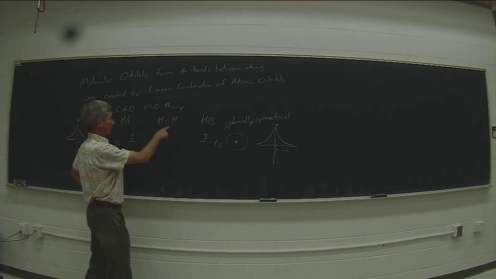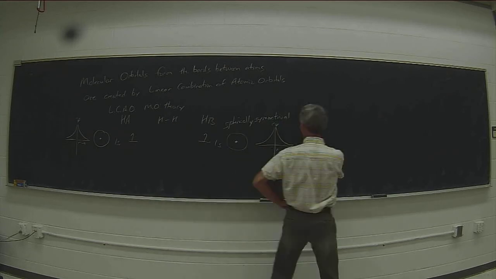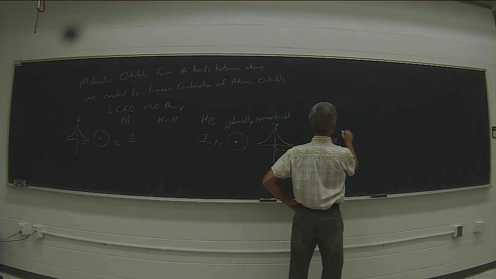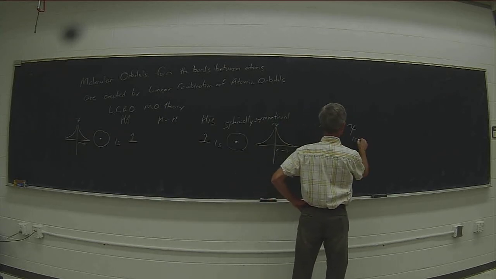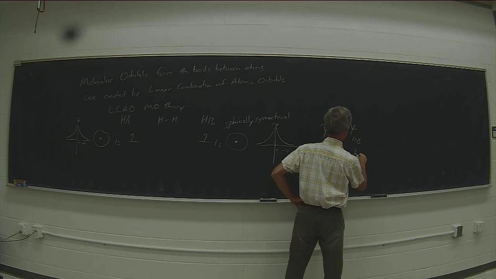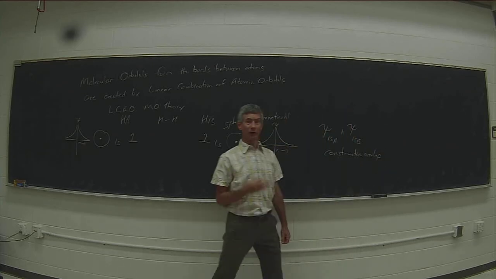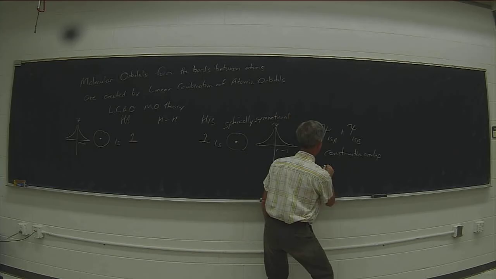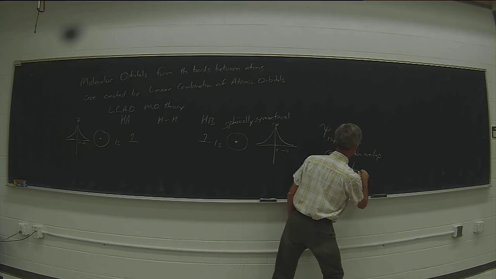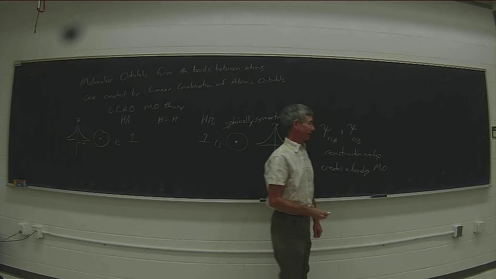To form the bond between the two hydrogens, we're going to take psi 1sA plus psi 1sB, which will cause constructive overlap and create a bonding molecular orbital.